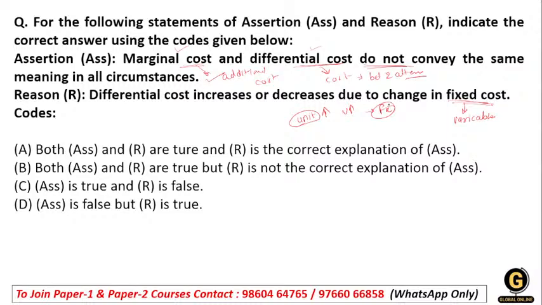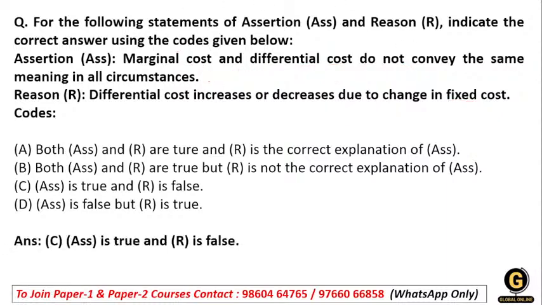So this difference we cannot calculate on the basis of fixed cost, we calculate it on the basis of variable cost. So A is true and the reason is not correct. Here you can see A is true and R is false.